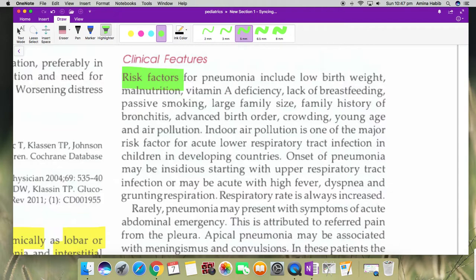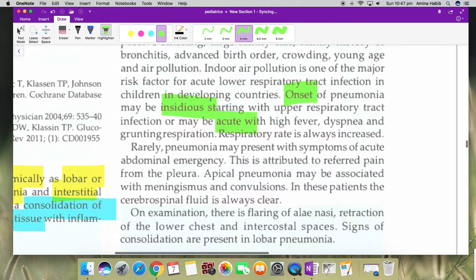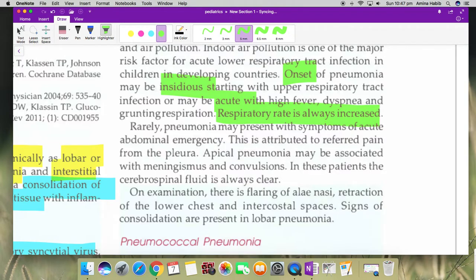All these things are seen. The onset can be insidious as well as acute. Risk factors we discussed more or less. Respiratory rate is increased, so there is tachypnea. And rarely pneumonia may present with symptoms of acute abdomen.